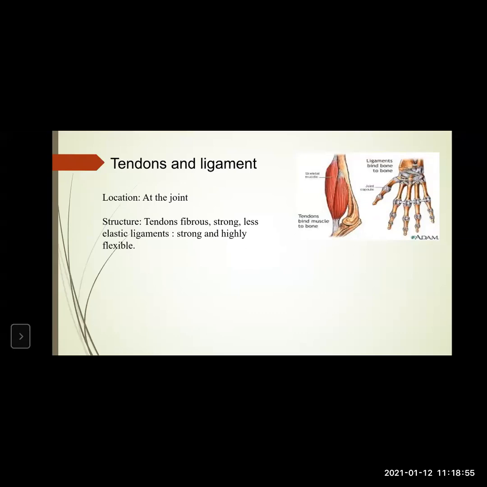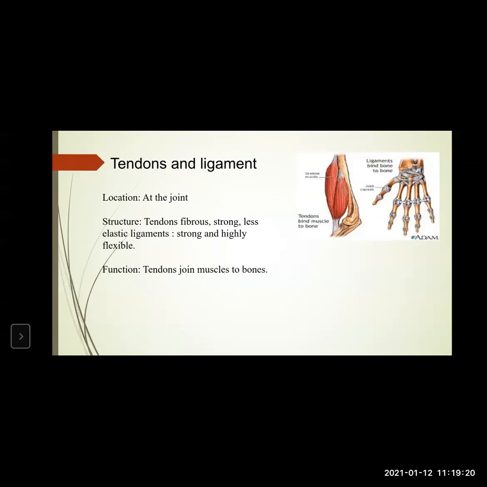So, you cannot move your muscles to a greater extent, but you can move your joints to a greater extent. It is due to the flexibility of the elastin fibers present in the ligaments.